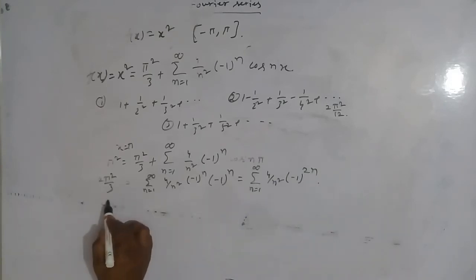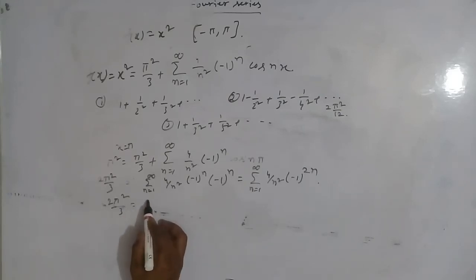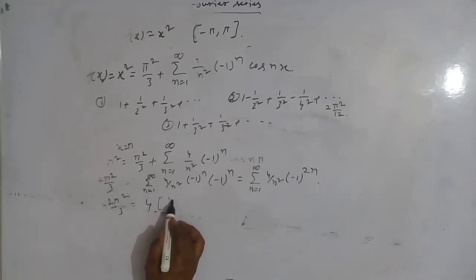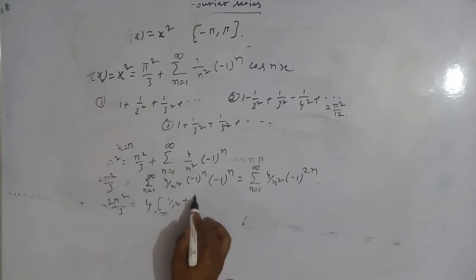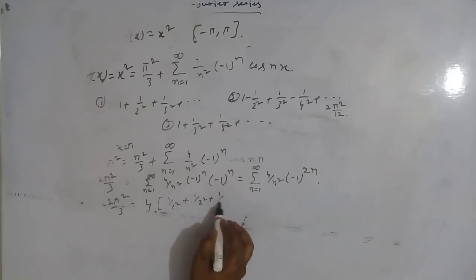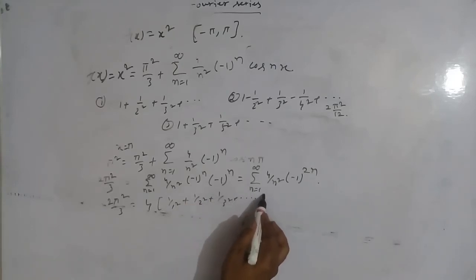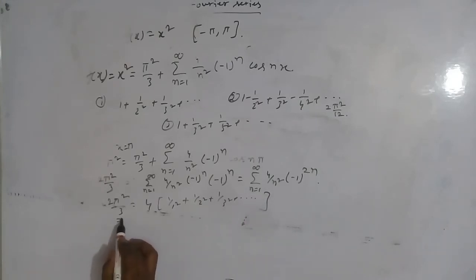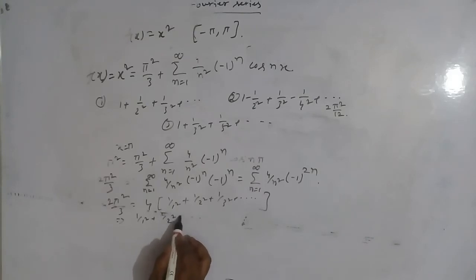Now if we expand this series, for n equal to 1, 4 is common, so 1 by 1 square plus 1 by 2 square plus 1 by 3 square plus up to infinity.